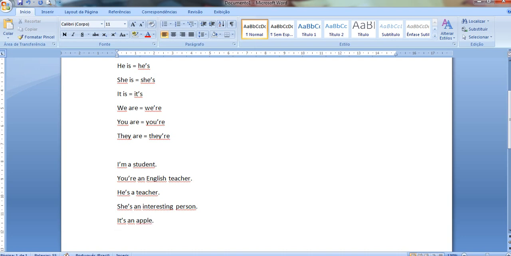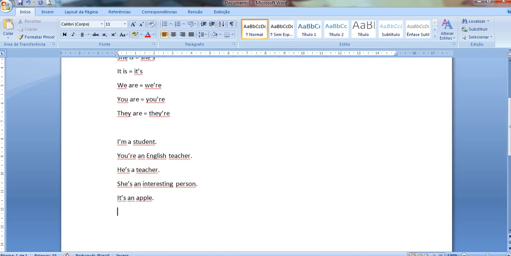And now we have the examples for plural forms. Use we're. Okay, for example, we're students. Okay, pay attention in that form because the personal pronoun we use always for plural forms.